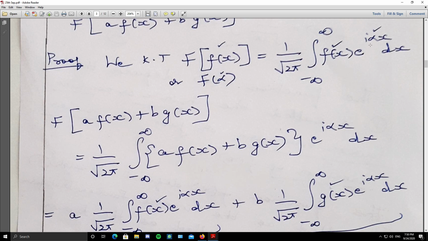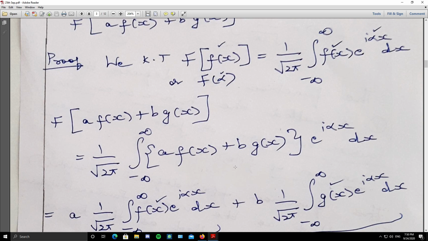Kernel is fixed. What is a kernel? Complex exponential e power i alpha x dx. There won't be any change in the kernel. Kernel is decided by Fourier. You will be given the function, and you are finding only the transform of f of x. Kernel is the same in all the concepts, so this complex exponential will not change.